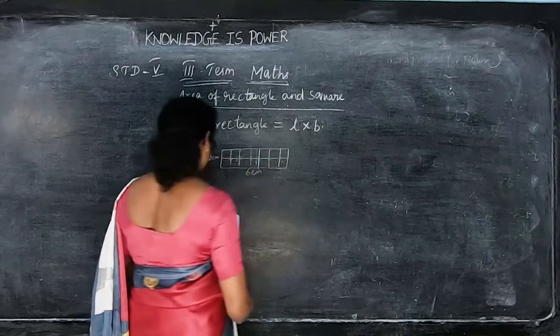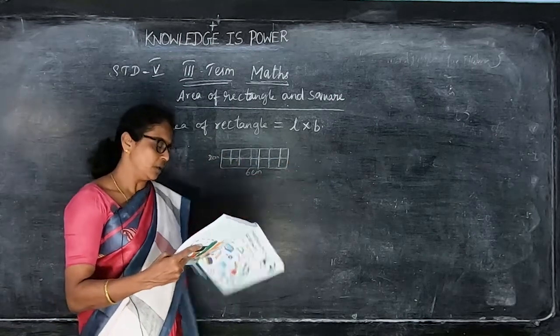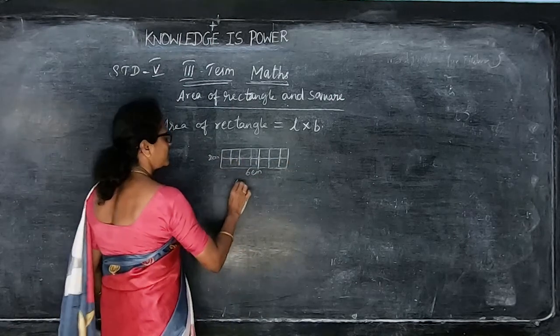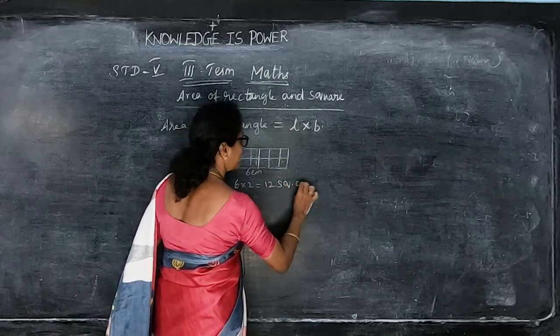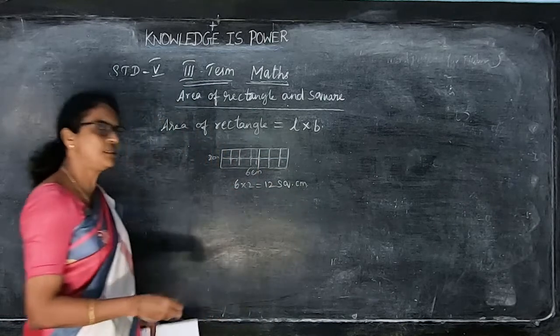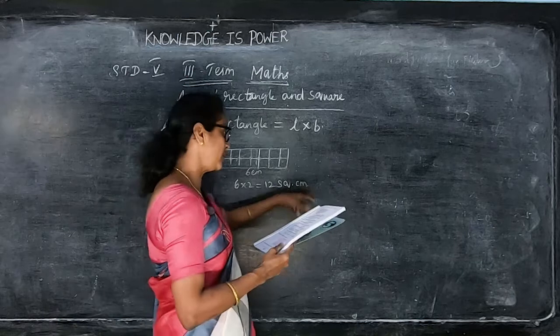The opposite sides of the rectangle are equal. This is the length and this is the breadth. So area of the rectangle is 6 into 2, that is equal to 12 square centimeter. If given in centimeters, write square centimeter. If given in meters, write square meter.